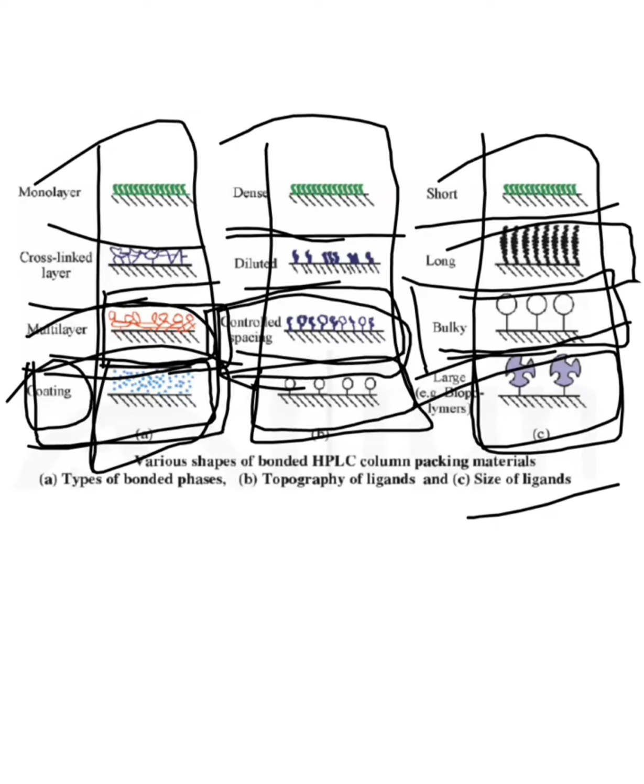It may be noted that these are the different packing materials used for different techniques. As I told earlier, we use different packing materials for different separation techniques such as adsorption, partition, ionization chromatography, and size exclusion chromatography.